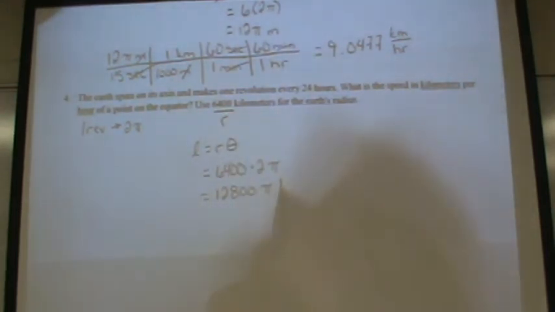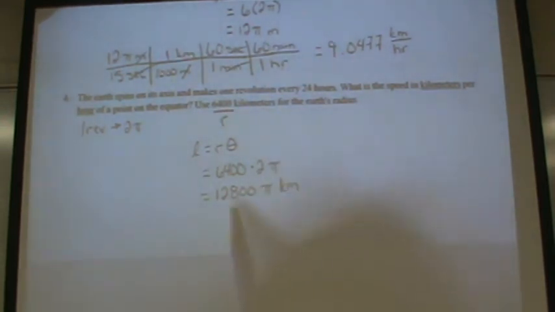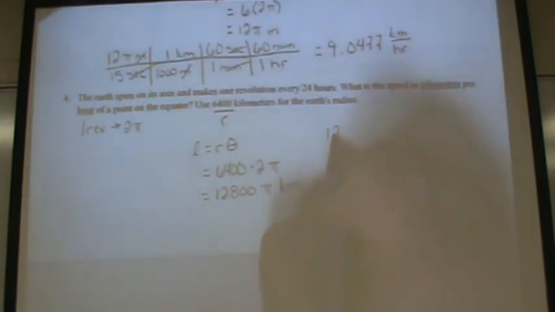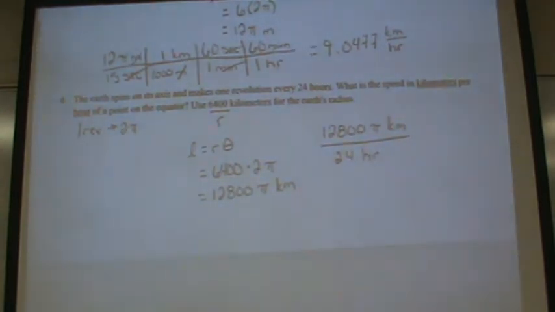This is in kilometers, because our radius was in kilometers. And we need to find the speed in kilometers per hour. So we know that it made this 1 revolution, so it traveled this distance in 24 hours. So we're going to take our 12,800 pi kilometers and divide by the 24 hours that it took to complete that distance.